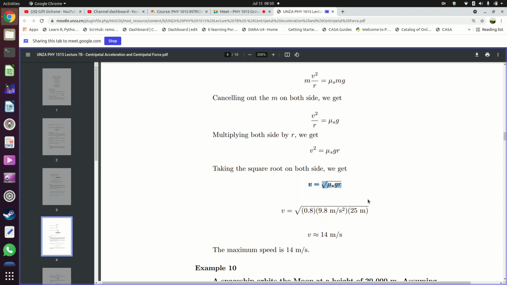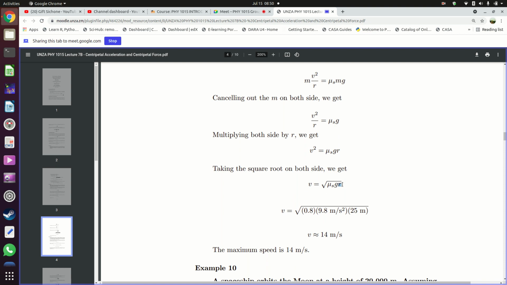The velocity depends on the coefficient of friction. The engineers will figure out what the coefficient of friction is. It also depends on g. We are on Earth, so g is known, 9.8 meters per second squared. But most importantly, this velocity depends on r, which is the radius of the roundabout.